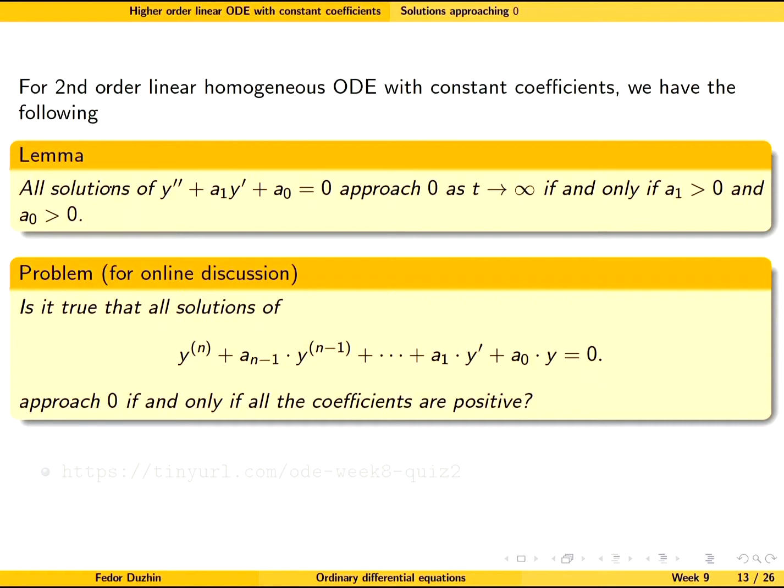But is the same true for higher order differential equations? So that all solutions approach 0 when t goes to infinity if and only if all coefficients are strictly positive.